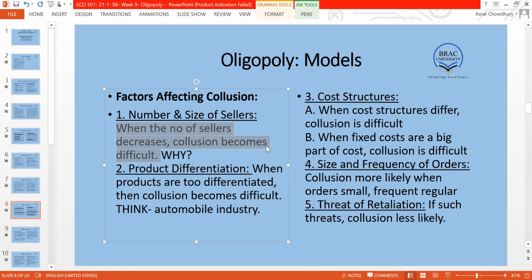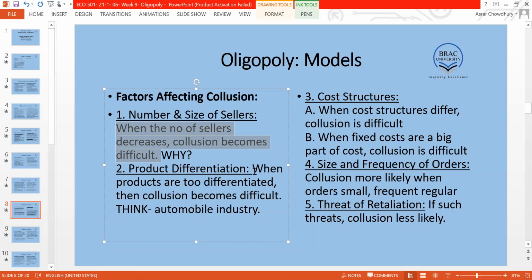Because when the number of producers falls, suppose there are 3 where before there were 5, if any one of them breaks away from the collusion, you cannot charge a high price. Does that make sense? Yes, sir. So that's why, because of the threat of retaliation, when the number of sellers decreases, collusion becomes difficult. We'll see some examples of this.